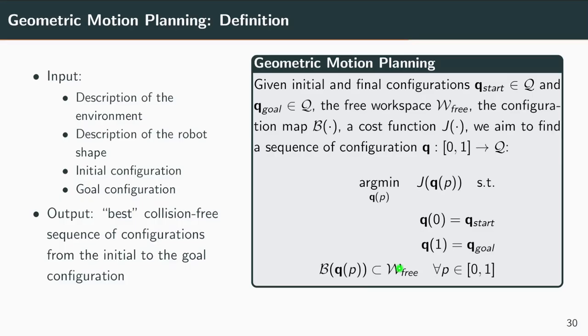And there might be many solutions that fulfill these 3 constraints that I have down here. I'm interested in the one solution that minimizes this cost function J. The cost function J gets as argument the solution. And what do we minimize over? We minimize over the sequence Q.